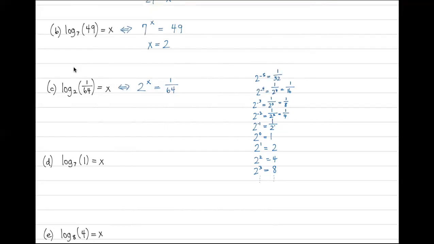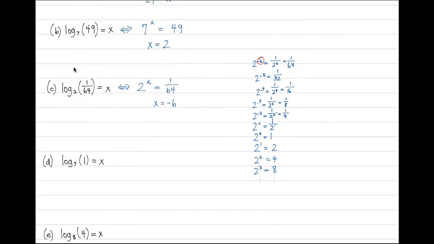I'm kind of skipping some steps here because 2 to the power of minus 6 is 1 over 2 to the 6, which is 1 over 64. Aha, there it is. So the answer is minus 6. Now, oops, I better write here that x is equal to minus 6.